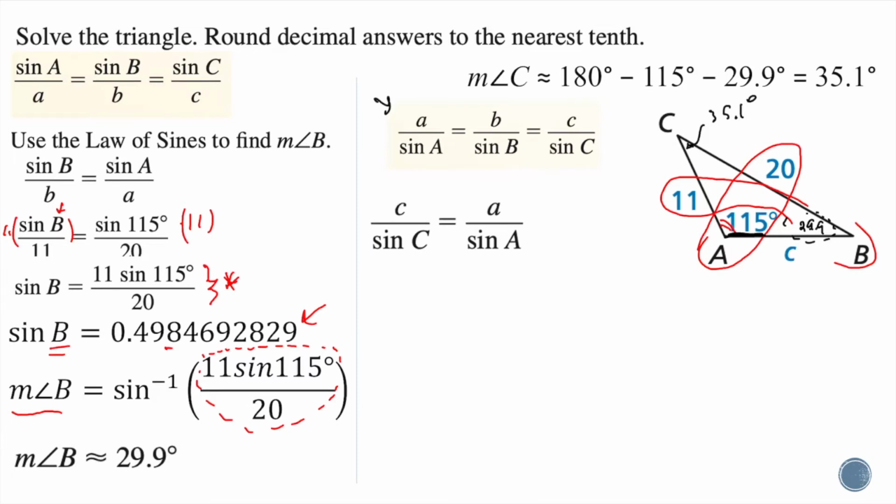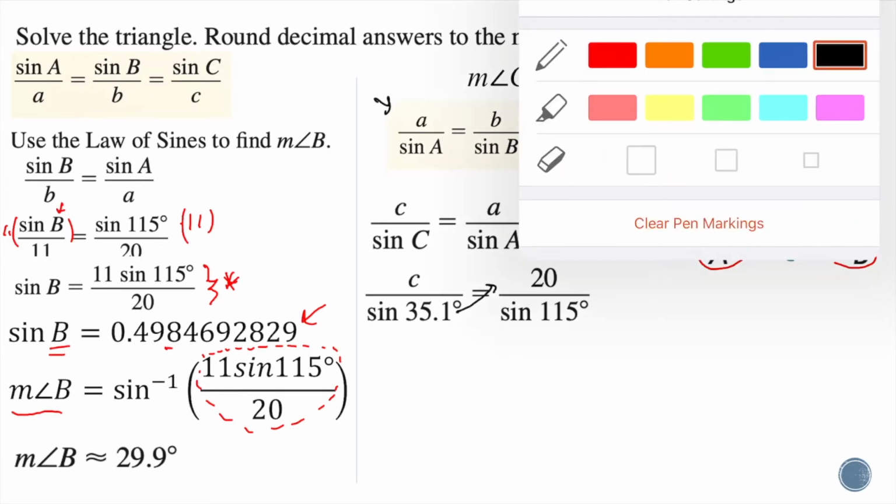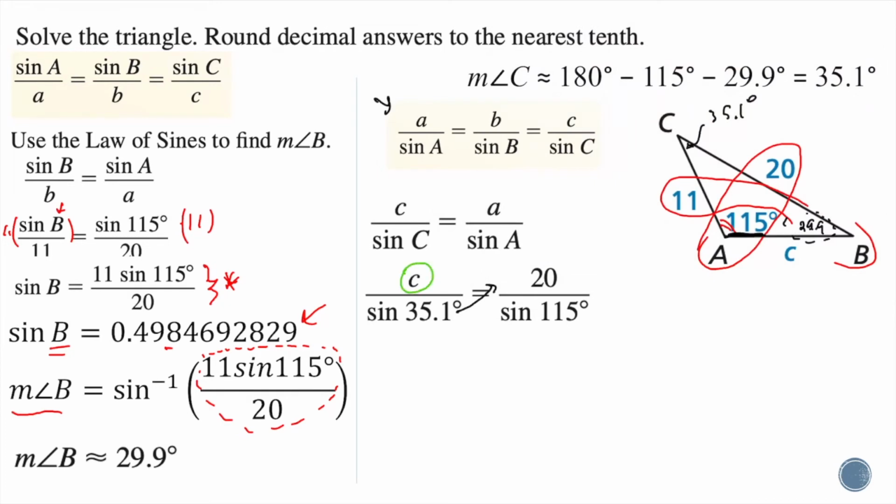And I'll explain why there's a difference. It doesn't really matter, it just makes the calculation a little bit easier, and I'll show you why. Here I have C divided by sine of 35.1 degrees is equal to 20 divided by sine of 115 degrees. When I solve, the variable must be in the numerator.